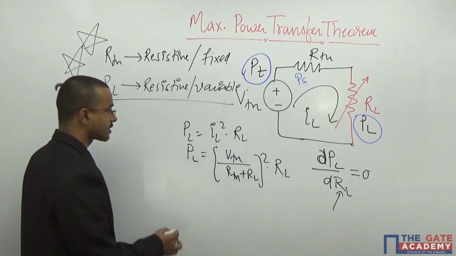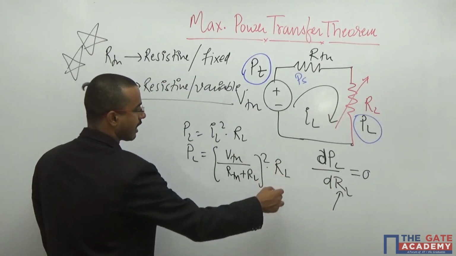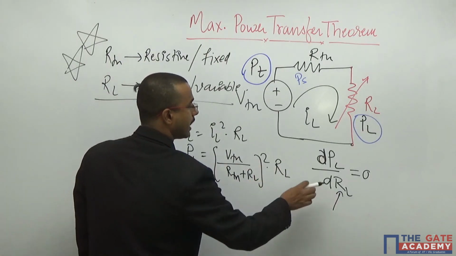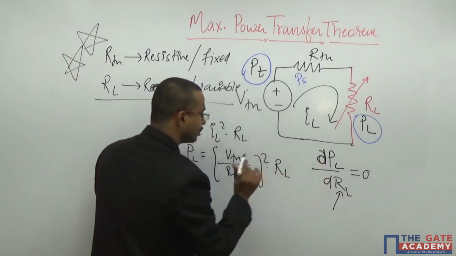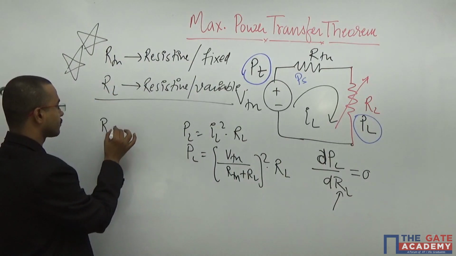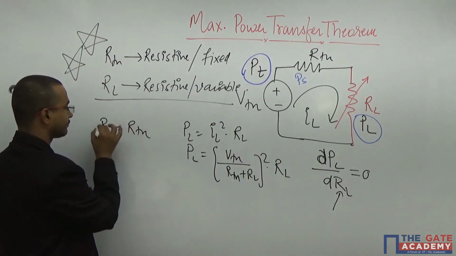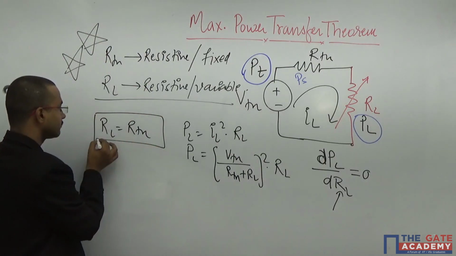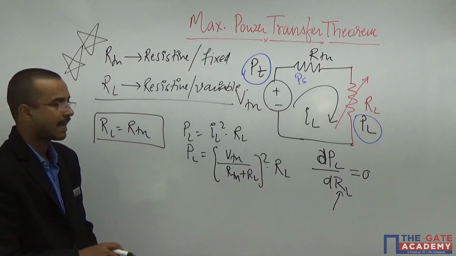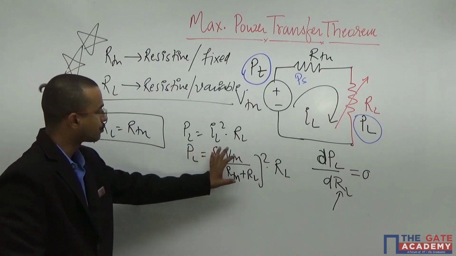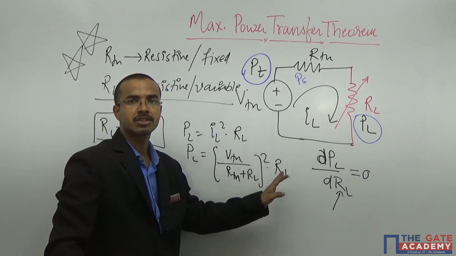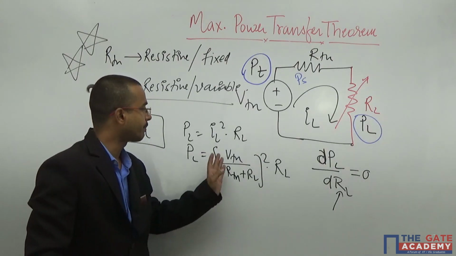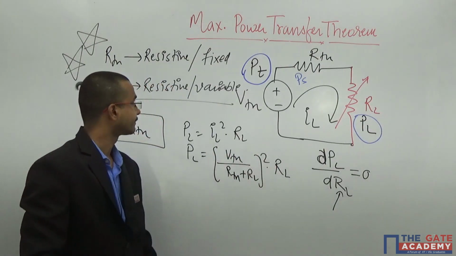Just differentiate this entire function with respect to RL and put it equal to 0, and after that you will get RL equals RTH. I am not going to solve this differentiation because it will take time and is of no use here. It is just simple mathematics.